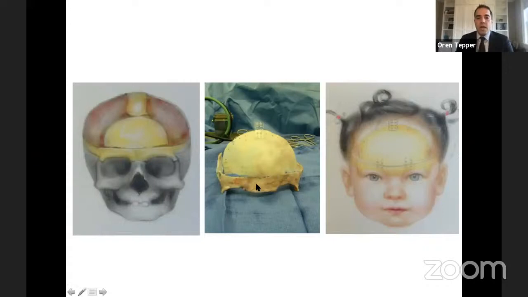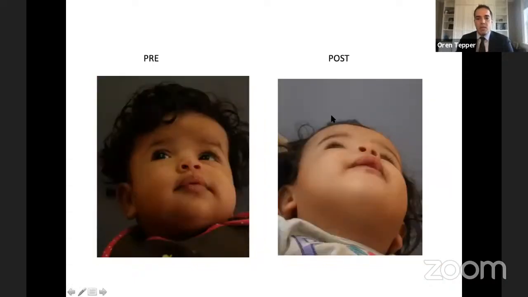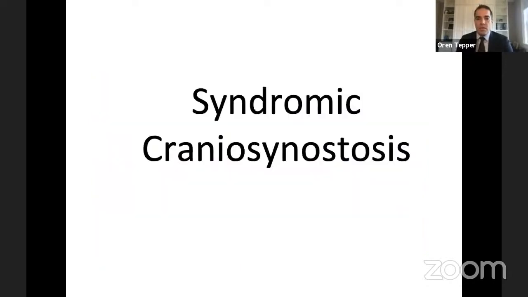And then the forehead and the bandeau construct, you can see here in the middle, which is then put in and reconstructed as shown. Here's that patient before, here's that patient early post-op. You can see the immediate effect and impact, the immediate result, the rounded forehead. We've taken care of both the prominence as well as the area that was deficient. And here she is some years later after that reconstruction.